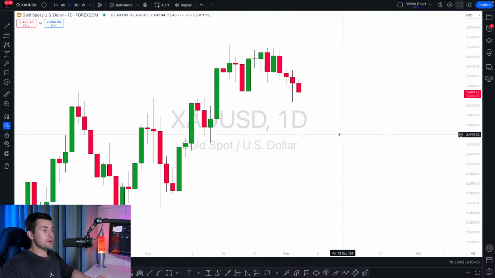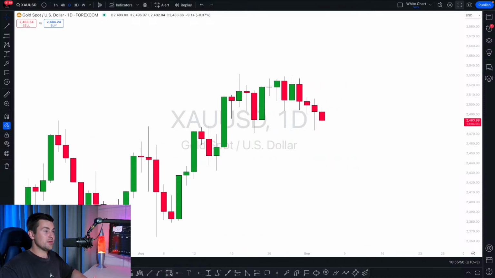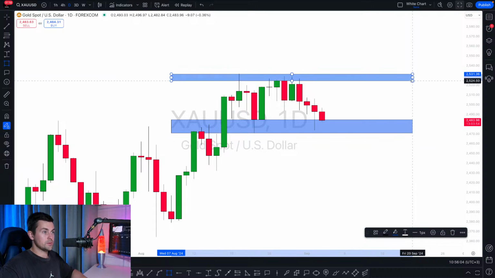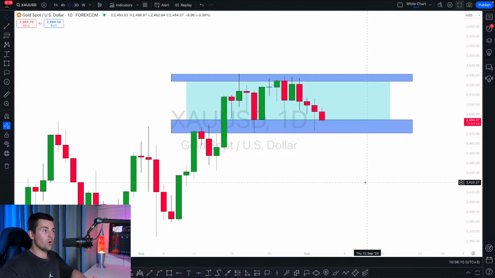Many times the market was trying to update the all-time high, but it did not manage to do that. If we analyze the price action on a daily time frame now, we can spot that at the moment gold is trading within this horizontal trading range. Why is that range so important for us?